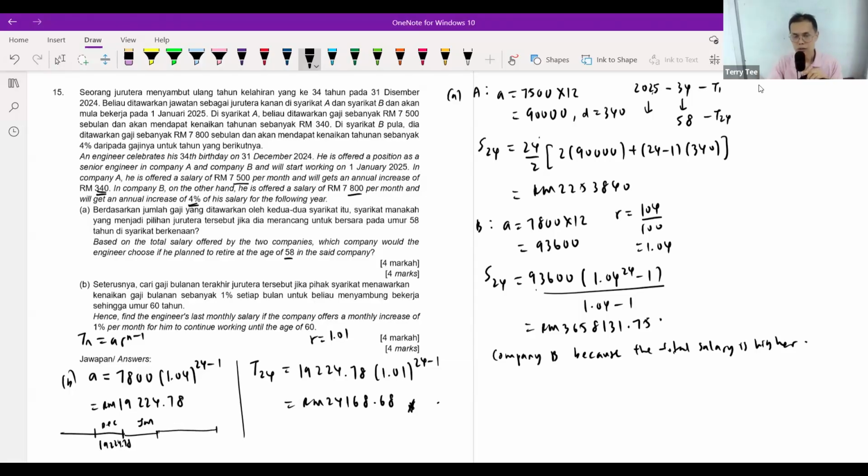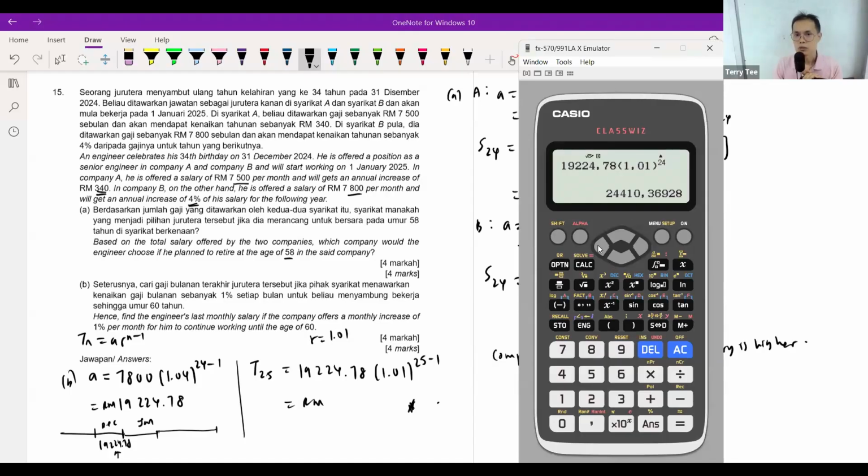If you take this as T1, then you must count T25, not T24. Sorry about this. So it's T25, so power 25 minus 1, because I let my a be 19,224.78, which is the last drawn salary in December. So we should use 25 minus 1, 24.